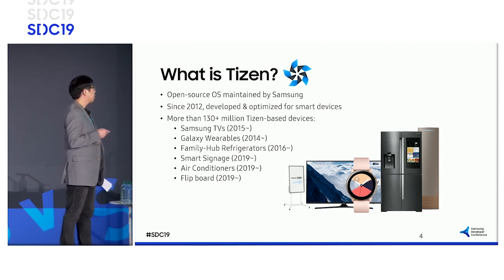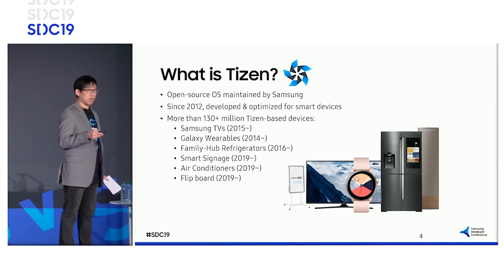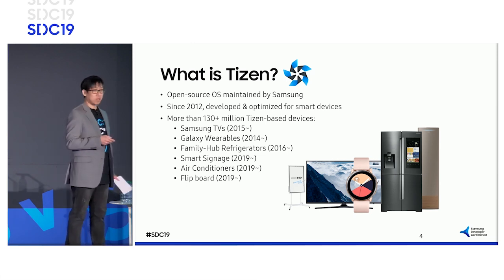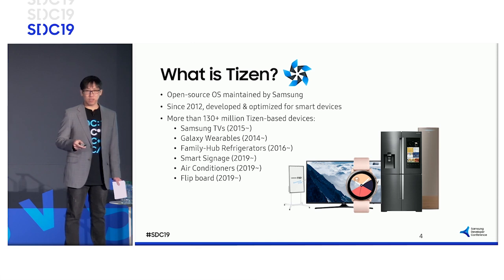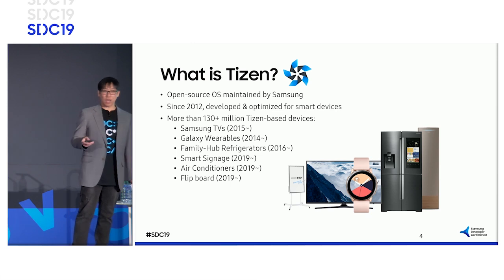For example, Family Hub Smart Refrigerators, Smart Signage, air conditioners, and Flip boards. There are more than 130 million Tizen devices in the world. So if you are starting a business, please consider Tizen for your next deployment target, because now we have enough volume to start a Tizen ecosystem.